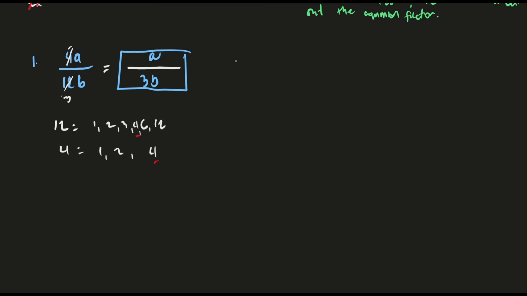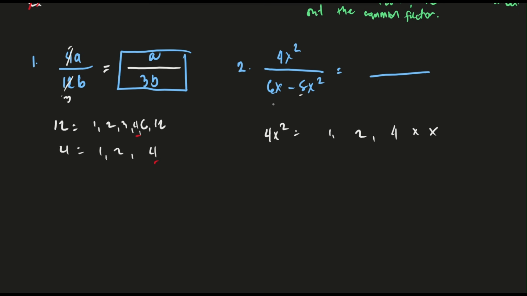Example number 2. Factor out or simplify this rational expression: 4x squared over 6x minus 8x squared. The same process. First step, you factor out the numerator. Factors of 4x squared, we have 1 times 4 and 2 times 2, and then we have x's. For the denominator, we know that the GCF of 6 and 8 is just 2, and then you take out 1 common x.